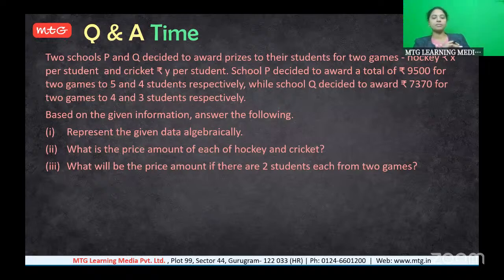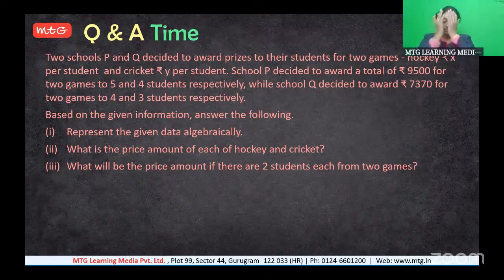What will be the prize amount if there are 2 students in each of the sports? So you have the x value and the y value. You have to find the 2x plus 2y value. That's it. Perfect.